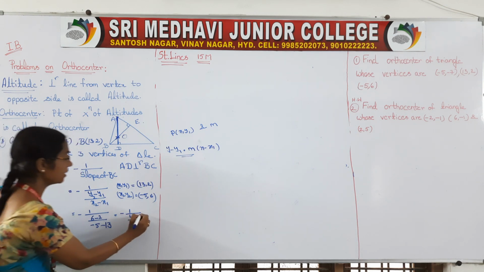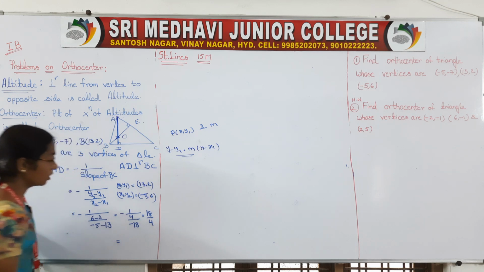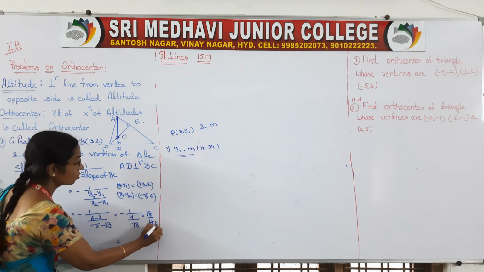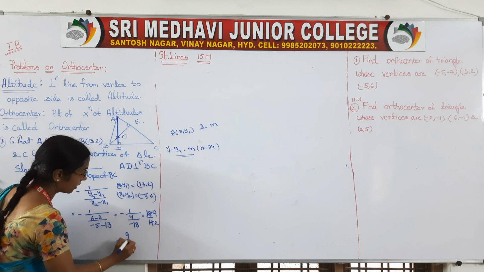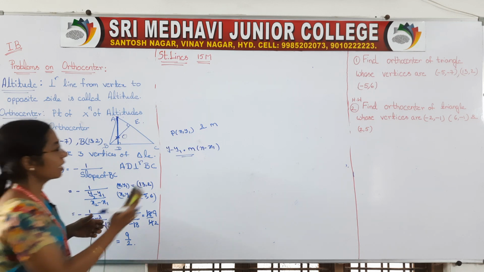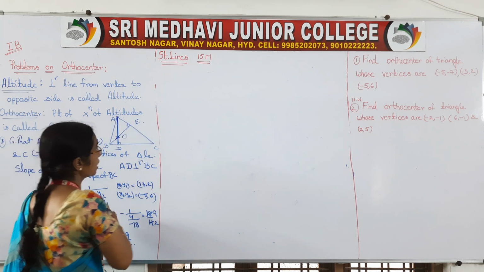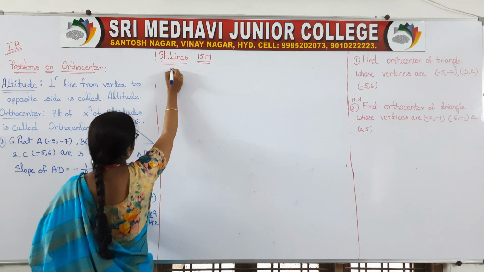Minus of minus cancels and it comes upwards. So 2 2s are 2, 9 2s are 18. So it is 9 by 2. So now you got the slope, right? Already we are having the point. So try to write your equation of AD.